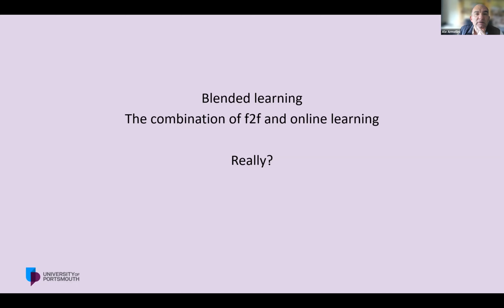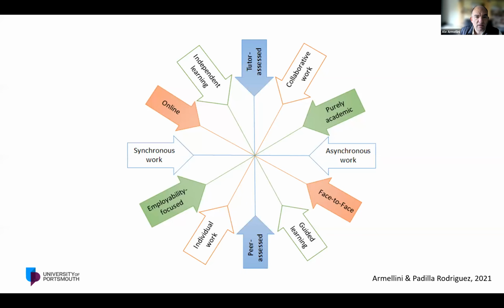Consider the multi-layered nature of blended learning and active blended learning in particular. Consider the more messy, the more exciting, the more student-centered elements of this, not just the mode of study. The blend can be construed around a number of dimensions, and these are some of them. Not all of them, some of them.